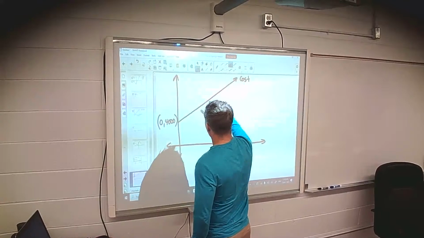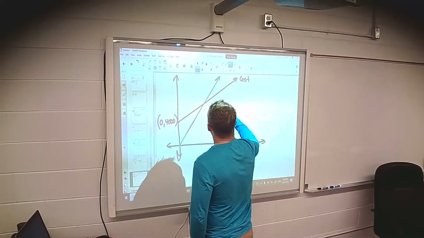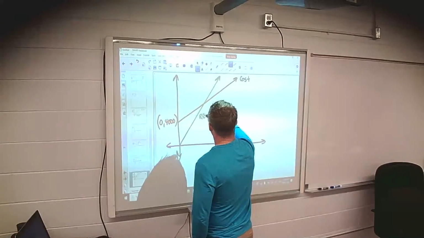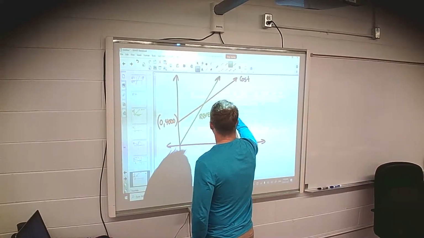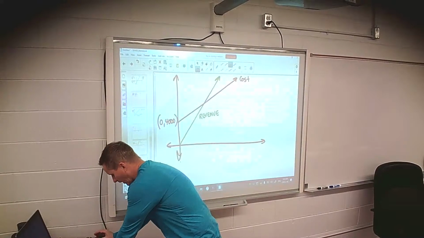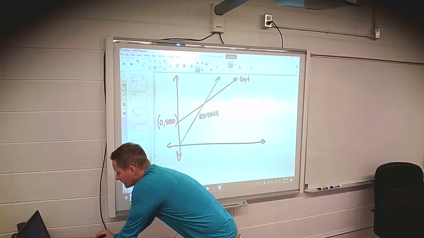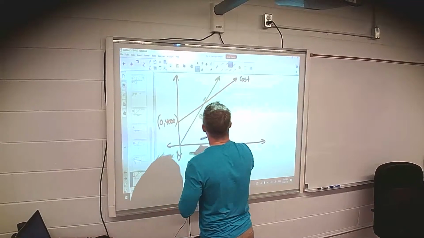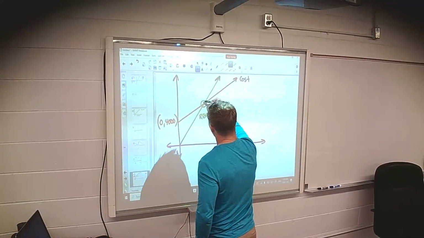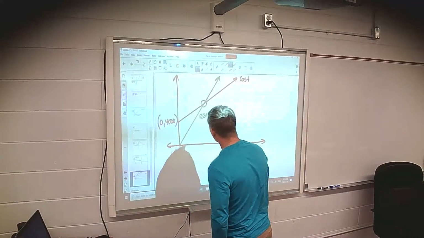The revenue line is if you sell 0, you make no money. But as you sell belts, that's going to be the revenue for it. All right, so at some point, it's going to intersect, and at this point right here, so that looks like it's at about 500 belts.